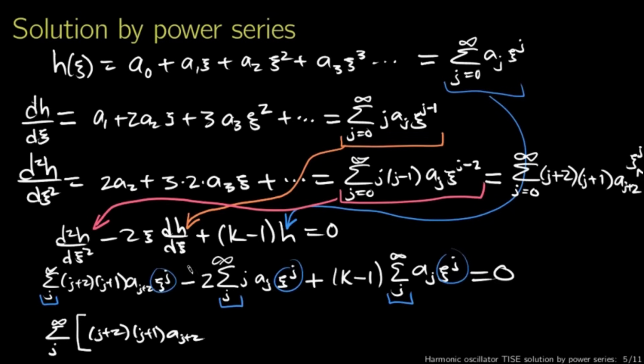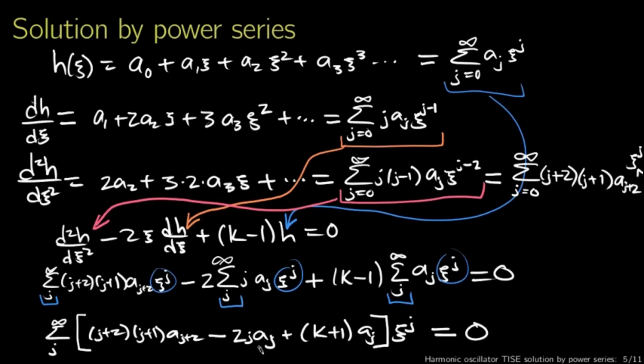If I factor out the c to the j, I'm now done with the first term. I can move on to the second term, which has a 2, a j, and an a sub j. Factoring c to the j out, I'm done with that term. And my third term just contributes a k plus 1, a sub j. And that's it. This is all multiplied by c raised to the j power, and it's all equal to 0.